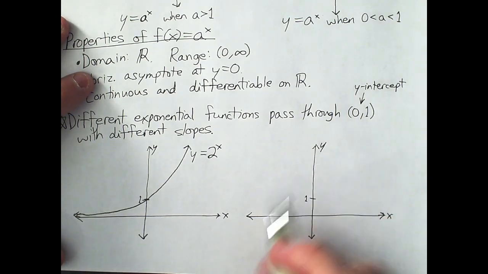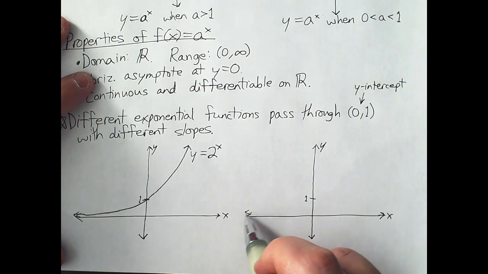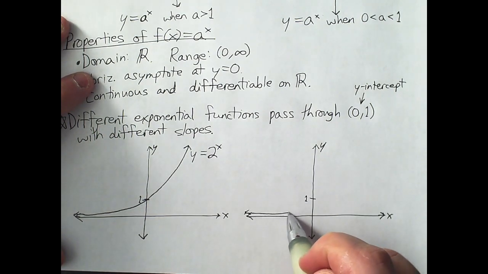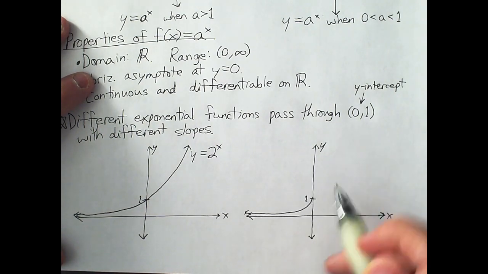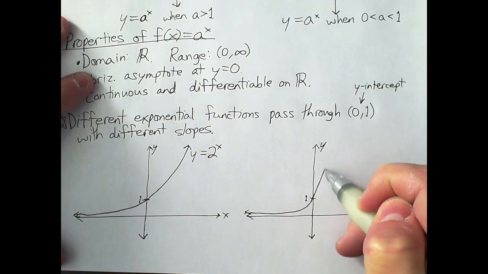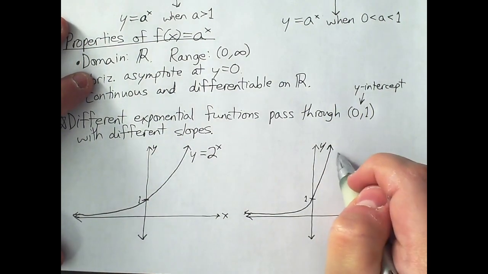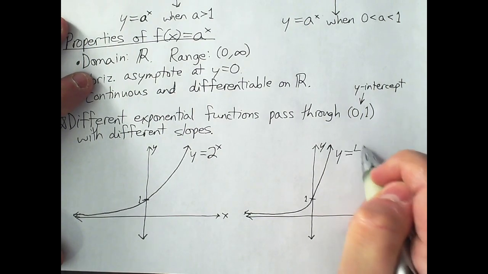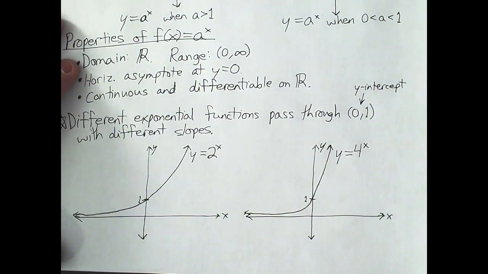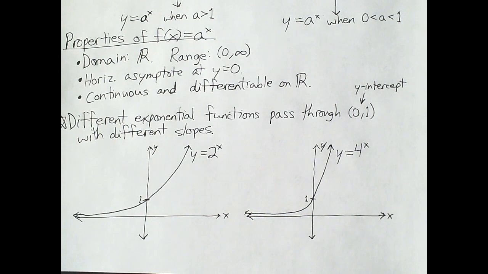And this one is going to be approximately a picture of y equals 4 to the x. So this is what I meant a few minutes ago when I said that different bases have the same overall curvature, the same overall shape, the same y-intercept, but the larger the base is, the steeper the curve is, the more rapidly it increases.